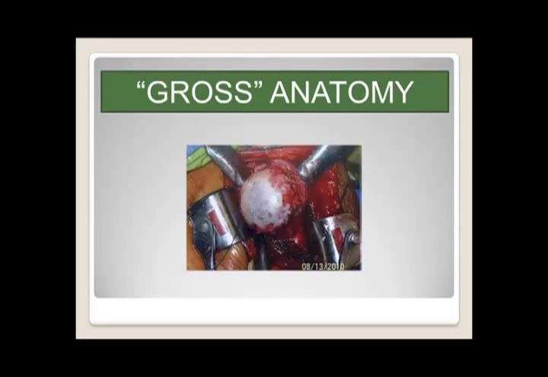If we then look at the gross anatomy, I don't mean gross because it's an intraoperative photograph. Gross anatomy means that we're looking at the actual anatomic structures, and this is an intraoperative photograph of the ball that shows the surfaces analogous to the ones that Steve was showing, in that this is actually not cartilage at all. This is bare bone. So all of the cartilage is gone, and then around it what you see are the bone spurs.